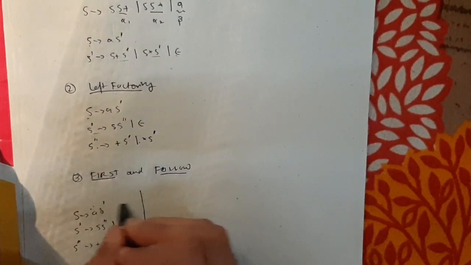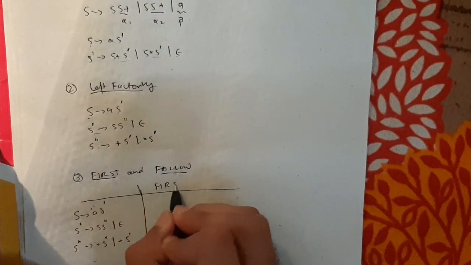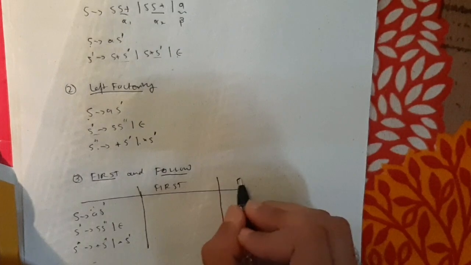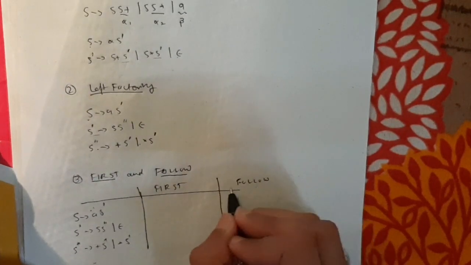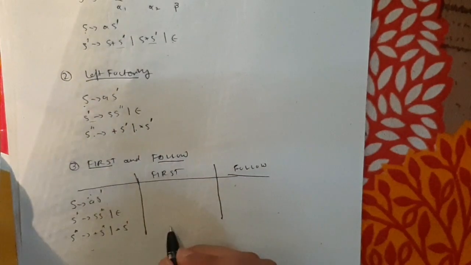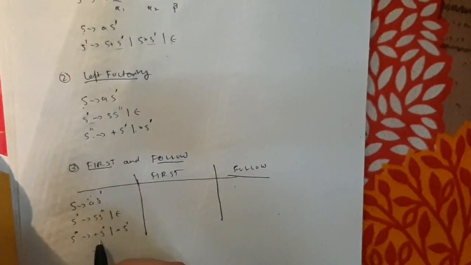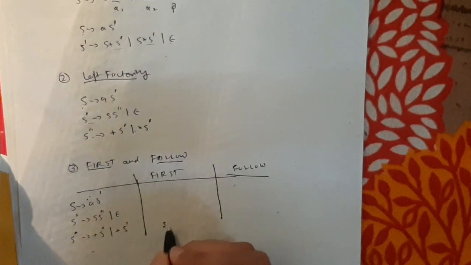And here we'll be writing a column First and a column Follow. What you have to do is start from the bottom. First means the first letter. So the first letter here and the first letter here, that we note down: plus and star.